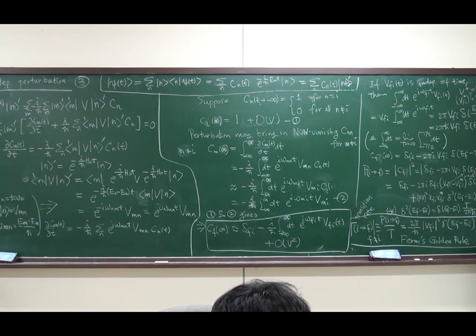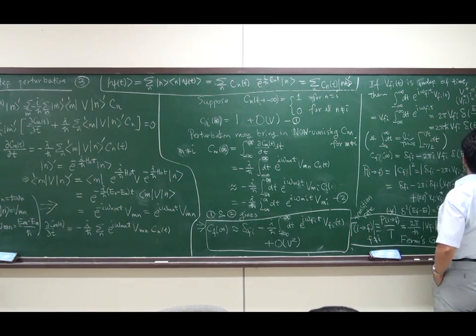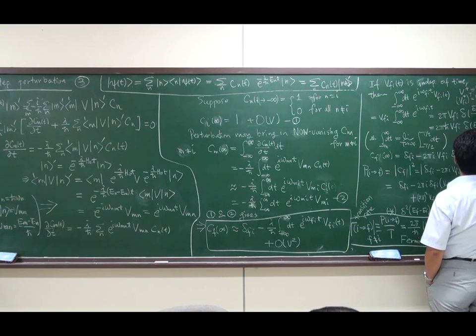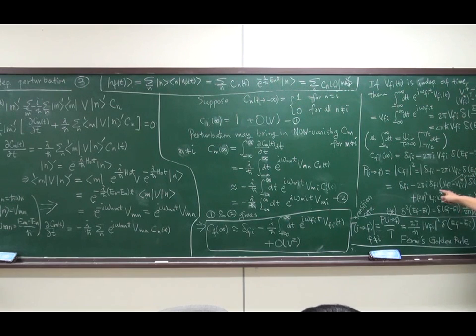But there are Kronecker deltas, so they satisfy the Hermitian property. If they are not diagonal, I can make use of this, but this Kronecker delta gives that I must consider only the diagonal term.